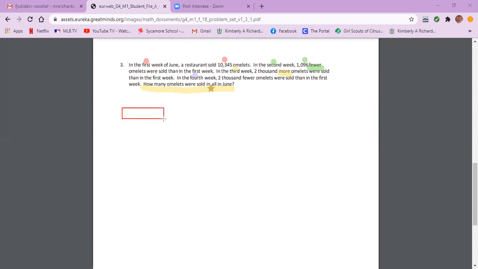A piece of tape that looks like this. And then when they're next to each other, we know we're going to combine them to have like one long piece of tape. So I'm going to make the first week of June red to match the color. I'm going to make the second week of June green to match our number there.